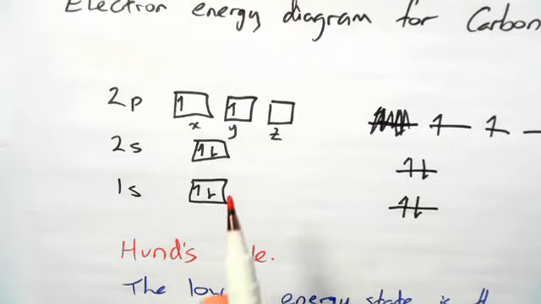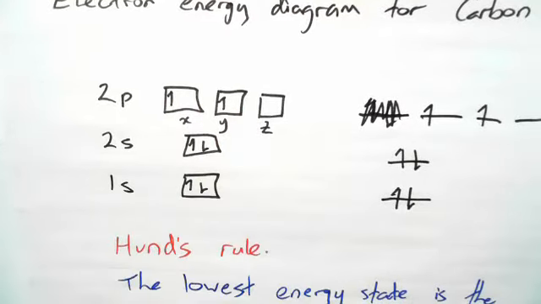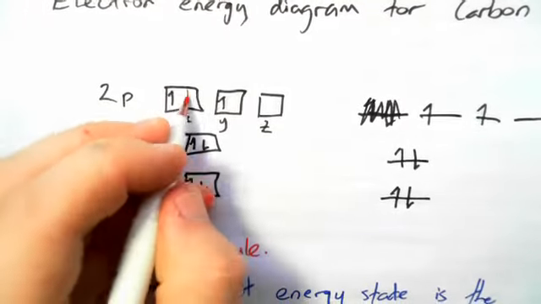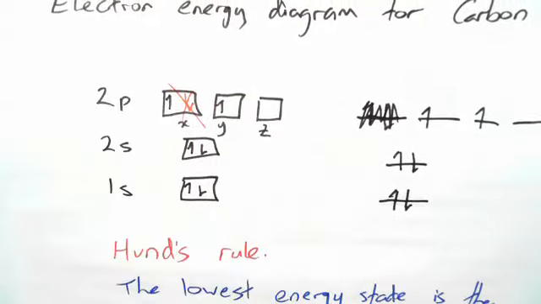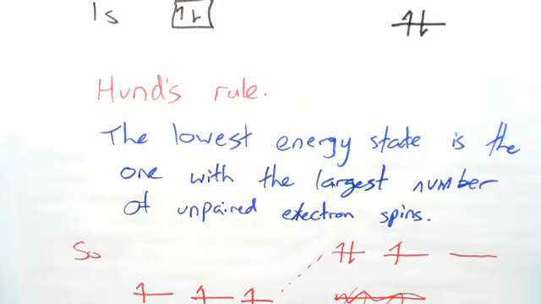The reason why these are both spin up, as opposed to one spin up and then one in here, which is not the case, is because of what's called Hund's rule. And Hund's rule states that the lowest energy state is the one with the largest number of unpaired electron spins.